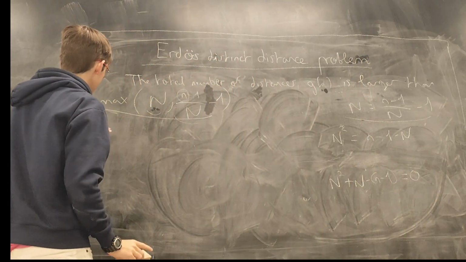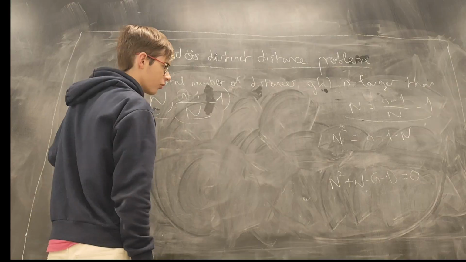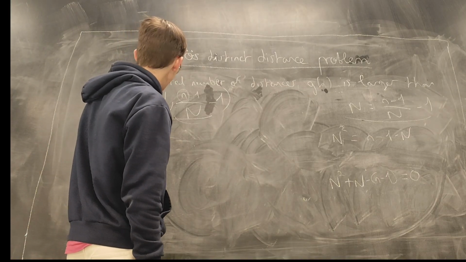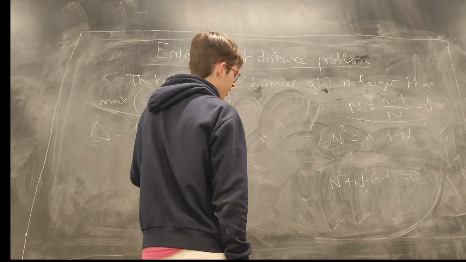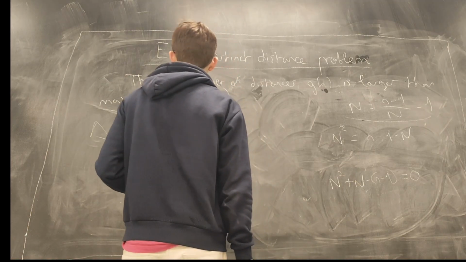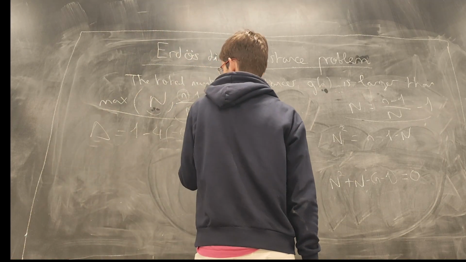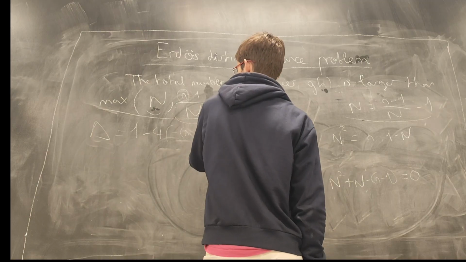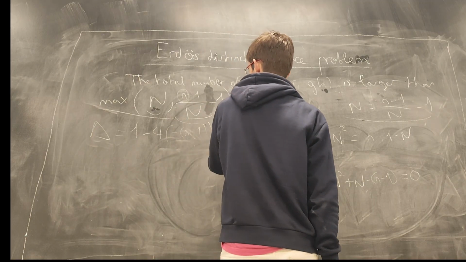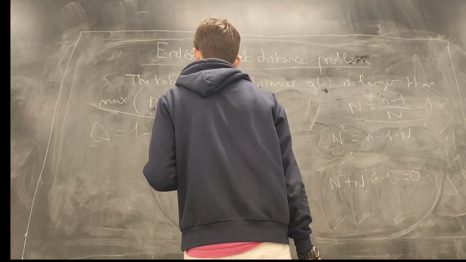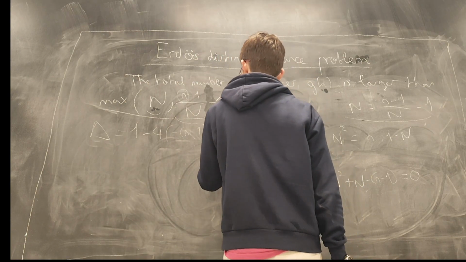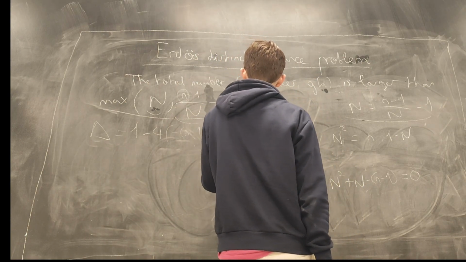So we have our delta, which is 1 minus 4 times minus n minus 1, so it's just 1 plus 4n minus 4, so it's just 4n minus 3.